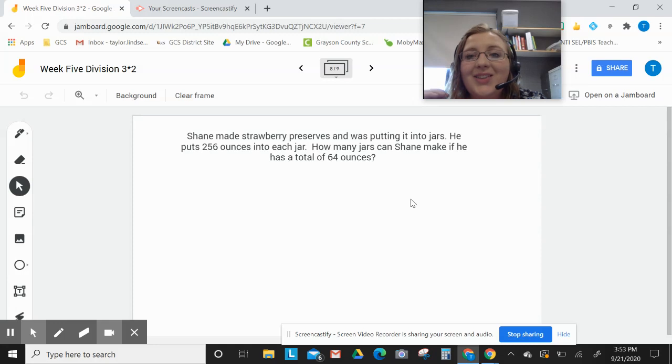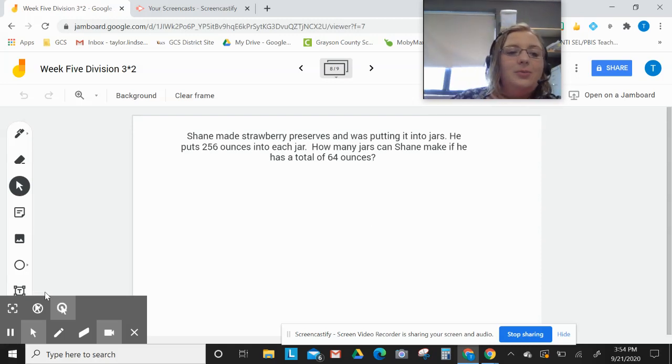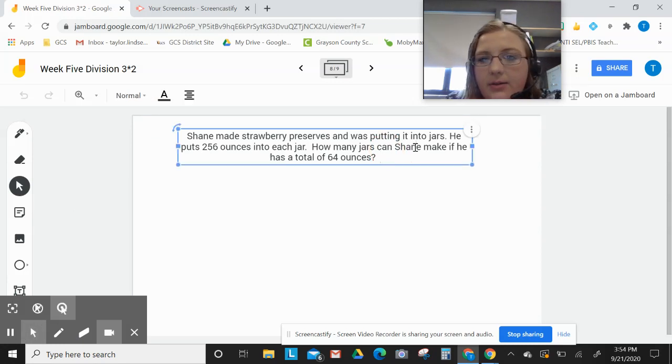We are looking for the number of groups, and I know that because 256 ounces is how many he has all together. Oops, this problem is not correct. Let me fix this real fast.